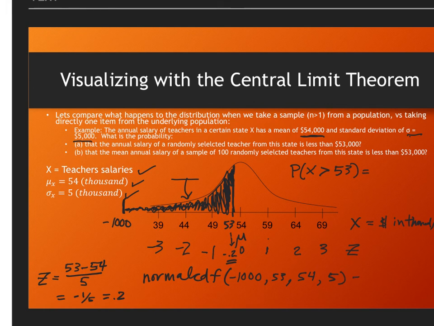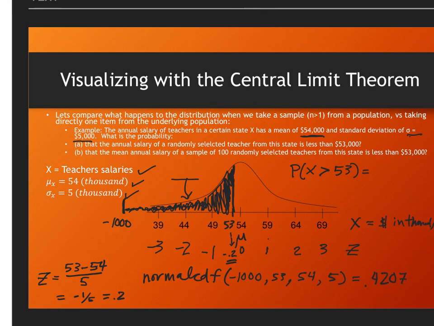And what we get from that, I'm going to plug into my calculator. You can do the same. Is 0.4207, which is kind of what we expected. Again, use the logic here as you're looking at your picture and the answer you're getting.